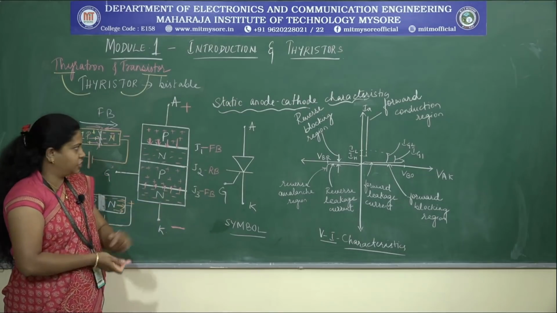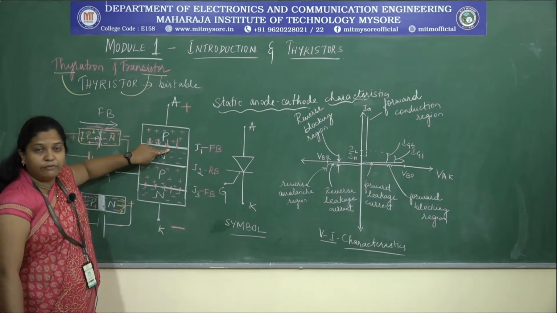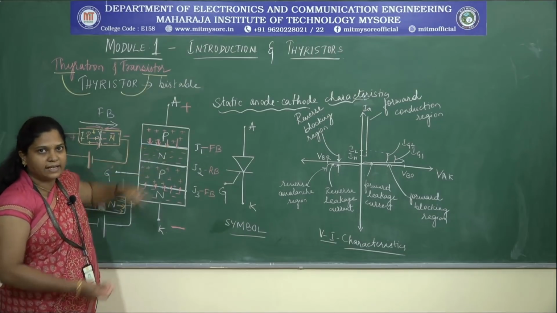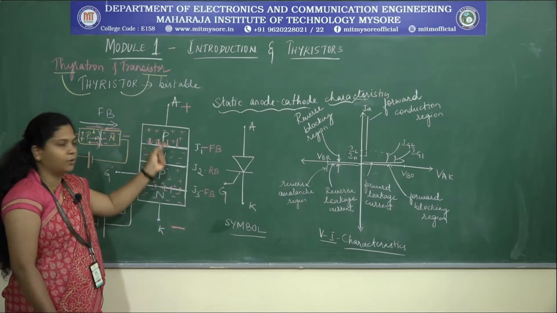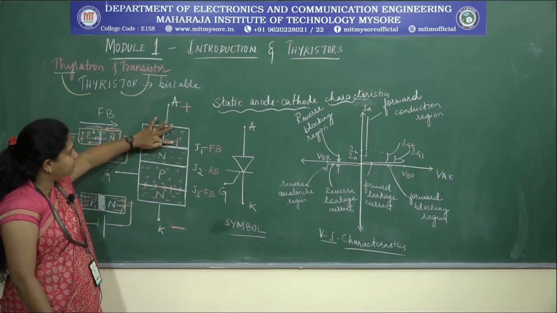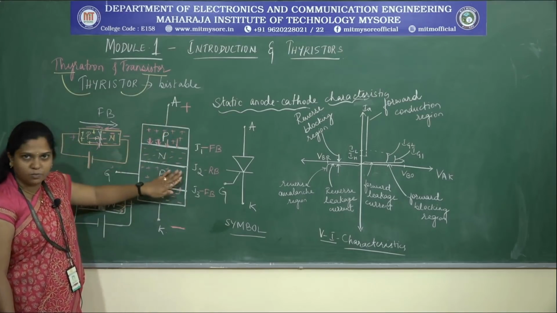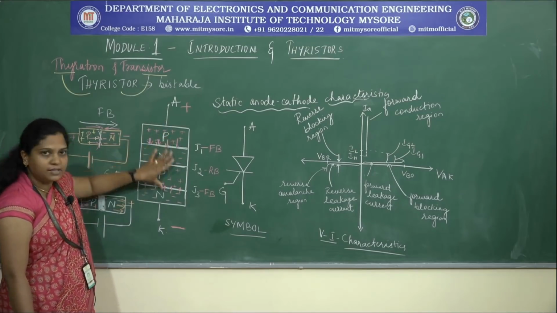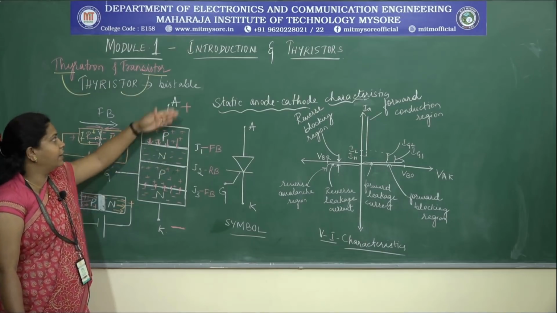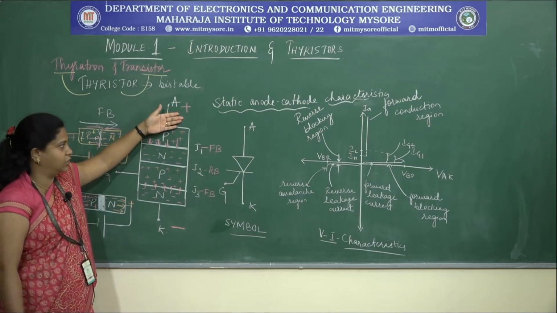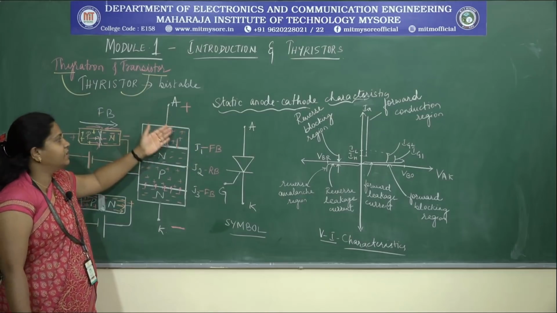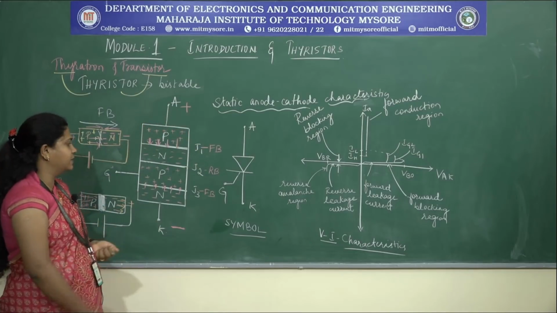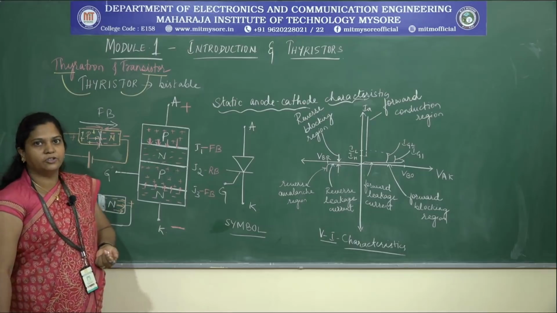In this forward bias condition, there is a small current flowing in the device. This small current is known as the forward leakage current.